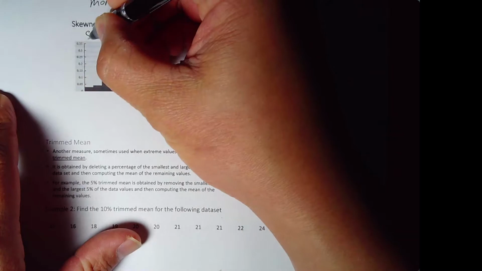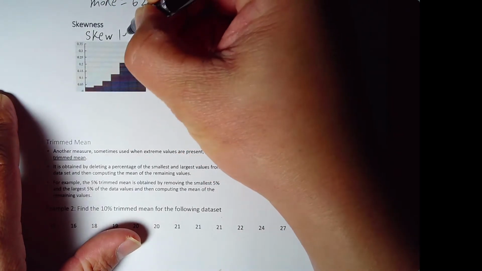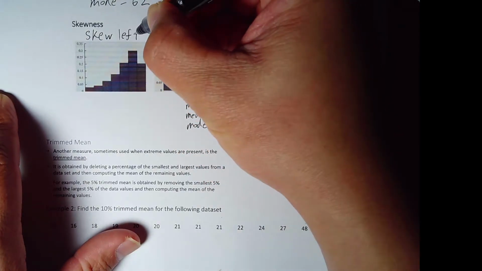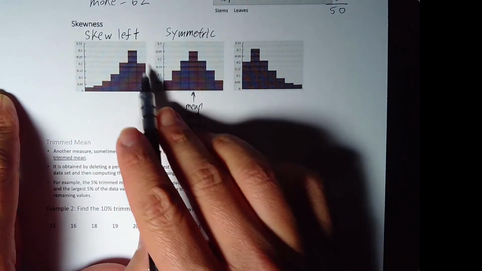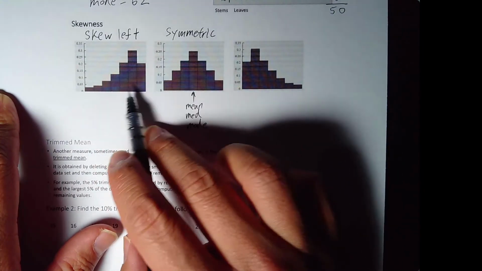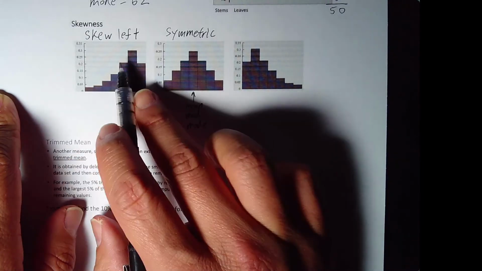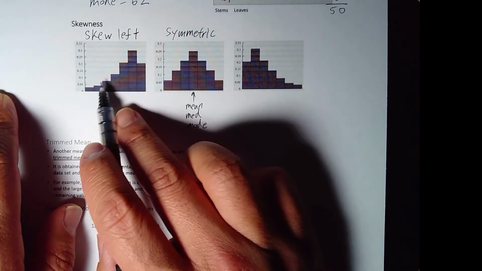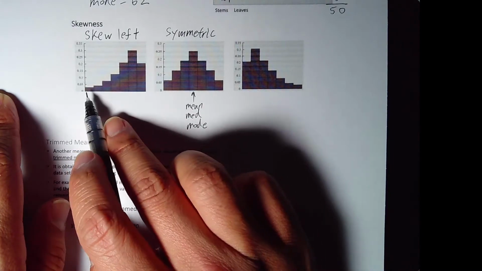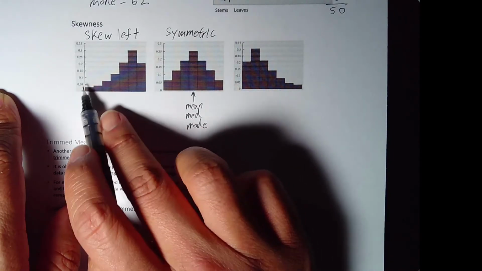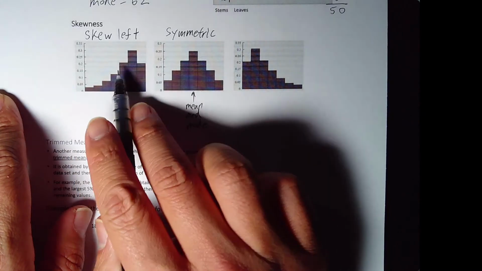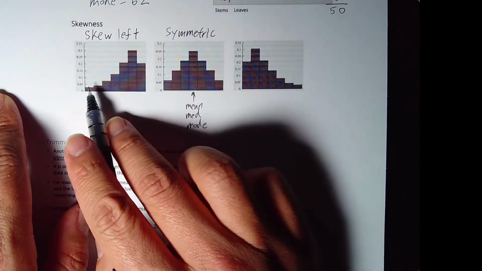That's why we call this skew left. It takes a little while to get used to because all the data is here, so intuitively it is common to want to call this skew right, but no, because we are focusing on where the extreme values are, and here the extreme values are very small. So the graph is being pulled to the left, so we call it skew left.